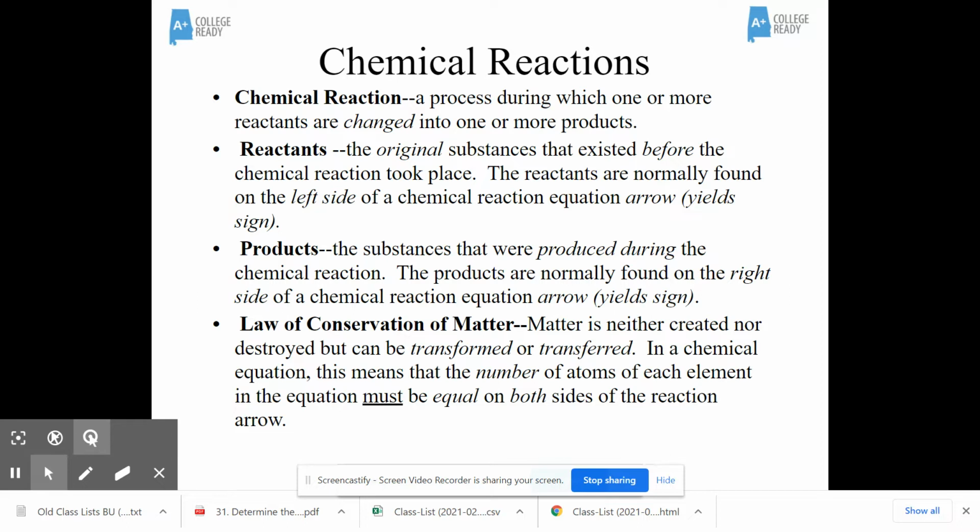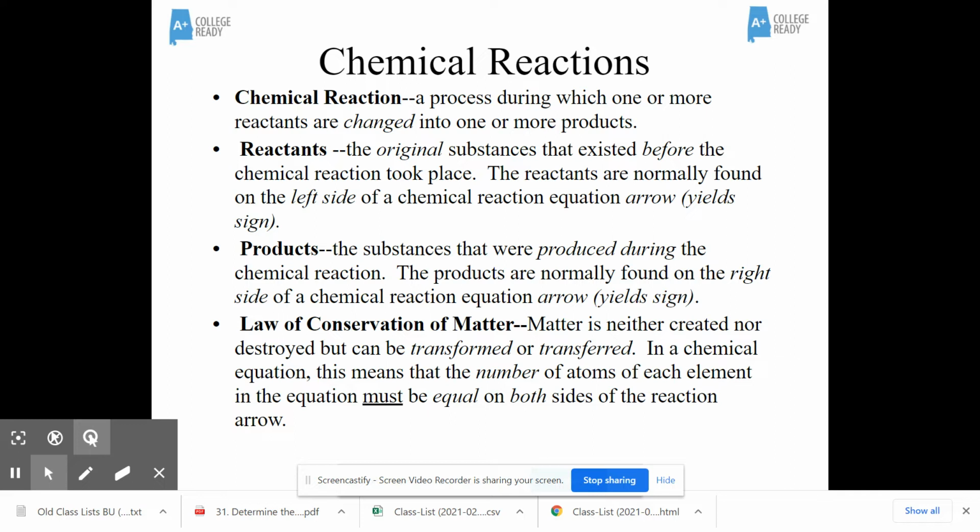A chemical reaction, by definition, is a process in which one or more reactants is changed into something else. So we are turning one thing into a completely different thing. In our lab, we took magnesium and hydrochloric acid, and we turned it into magnesium chloride. That was the white solid in the bottom of the beaker.